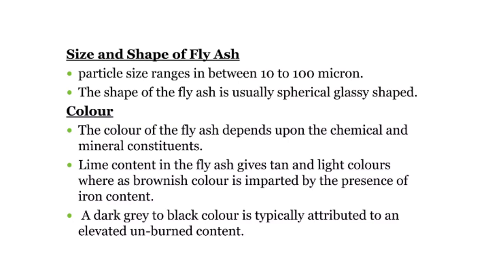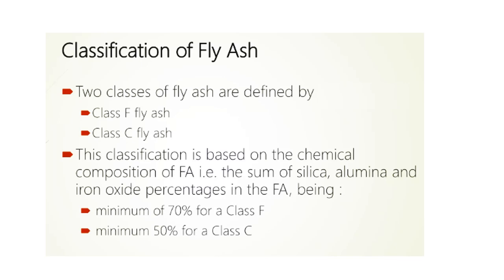The color is dependent upon the chemical and mineral constituents. Lime content in the fly ash gives the light color, whereas the brownish color is imparted by the presence of iron content. Dark gray to black color is typically attributed to an elevated carbon content.